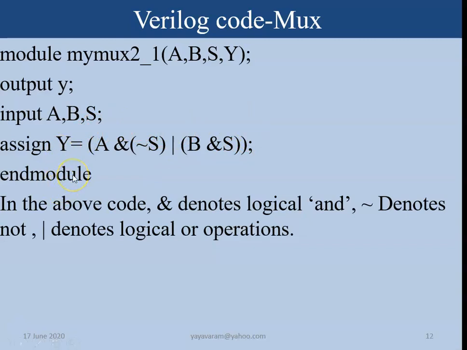Then end module. Because I have not yet explained the data types, I have given this just for the sake of clarity. AND is represented by this logical AND, this represents the NOT gate, and this represents the logical OR operation.